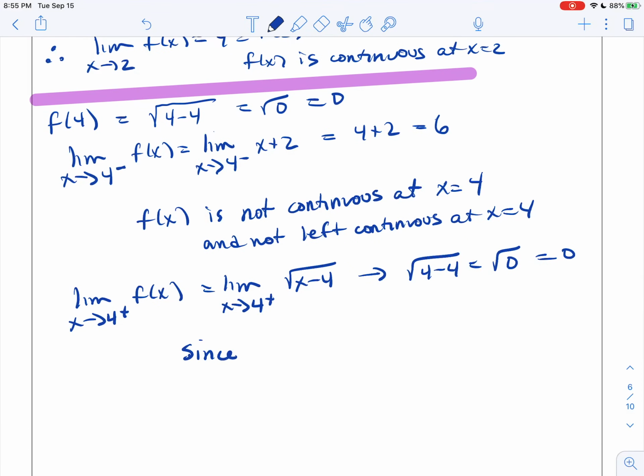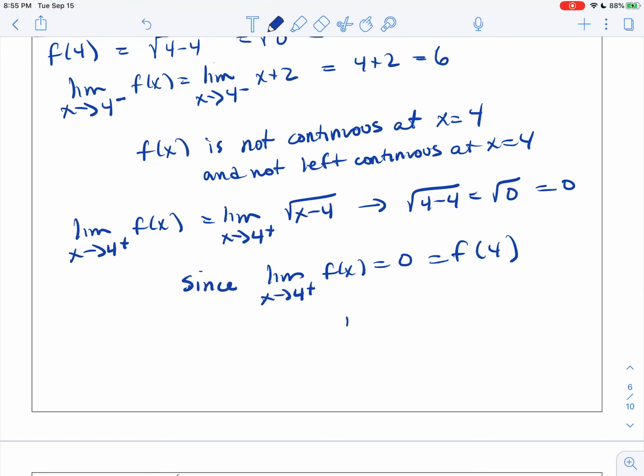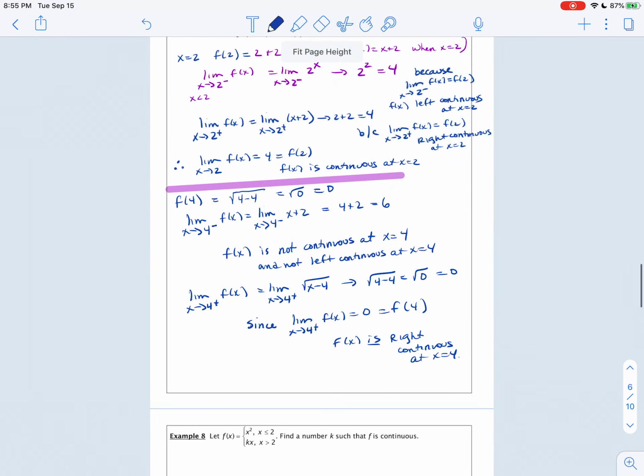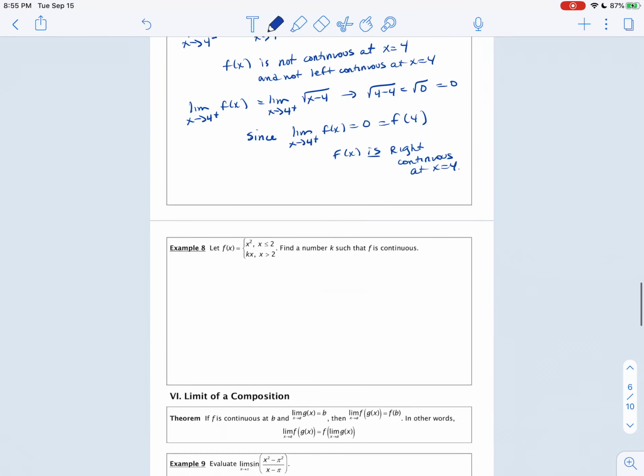And since the limit as x approaches 4 from the right of f of x equals 0, which also equals f of 4, we conclude that f is right continuous at least, but it's not two-sided or left continuous. It's not continuous and it's not left continuous. But it is right continuous at x equal to 4. Good. All right.